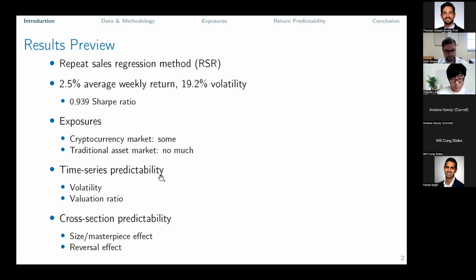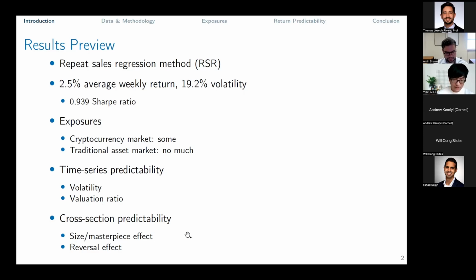In the time series, what we find is that by far the strongest predictor is a valuation ratio, essentially using the index that we construct for the NFT market divided by how many times it's traded in the particular period. So in a way, you can think of that as similar to price to some fundamental value of the markets. In the cross-section, we're going to find two effects.